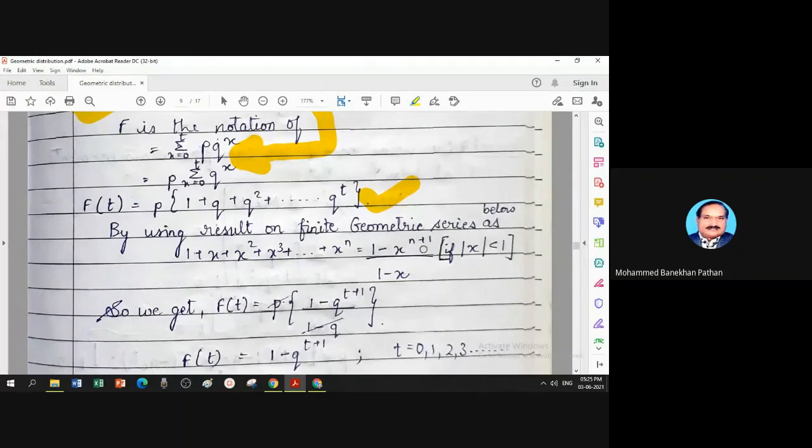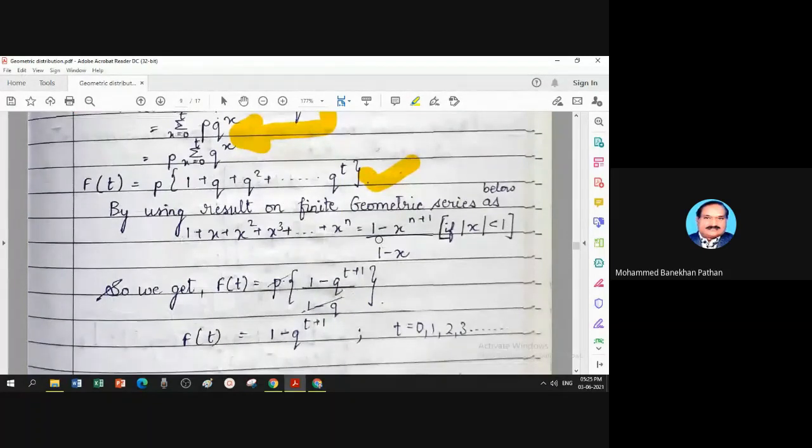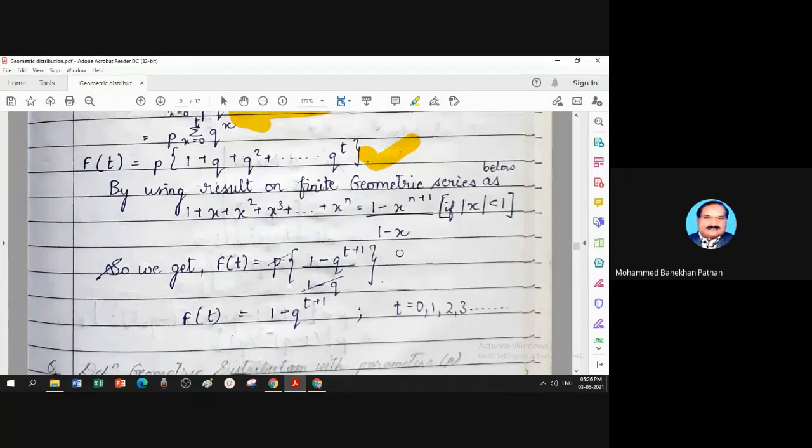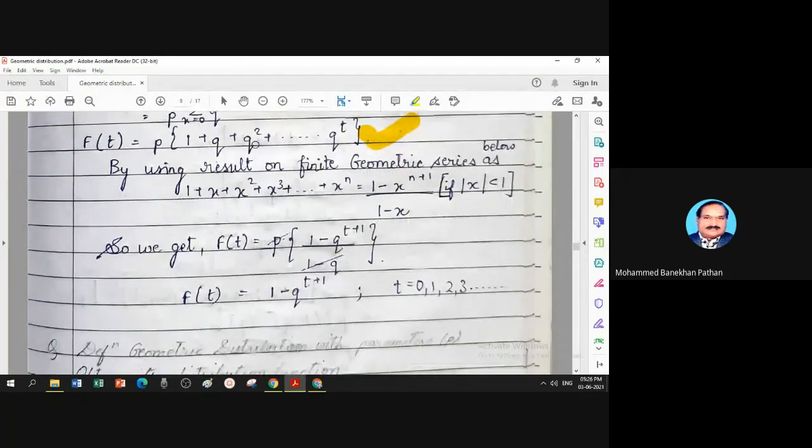There is a condition on the common ratio x, that is, the absolute value of x should be less than 1. Then this result is true. Now I apply this to our curly bracket. If you compare the curly bracket with the result, easily you can trace that x is q.